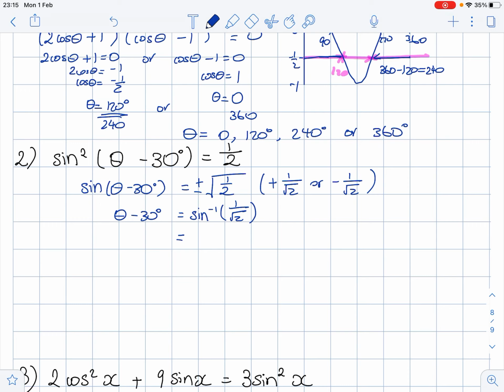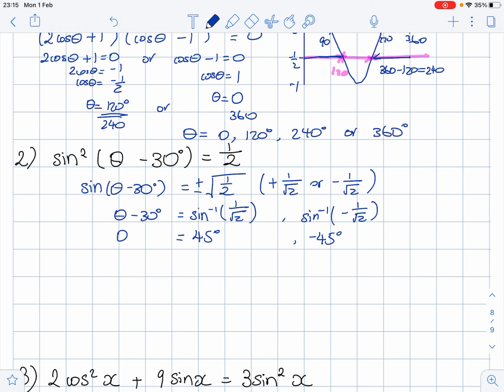Your principal value will be sine inverse, which is 45 degrees. Then you look at your principal value for sine inverse of minus 1 over root 2, which is minus 45 degrees.